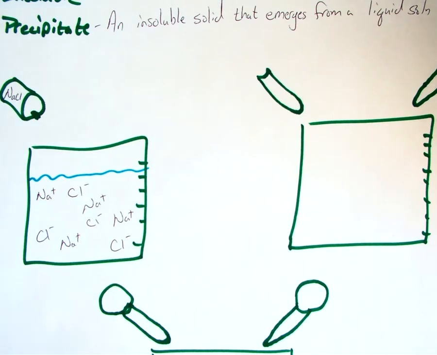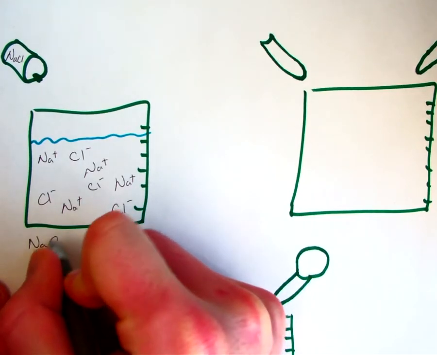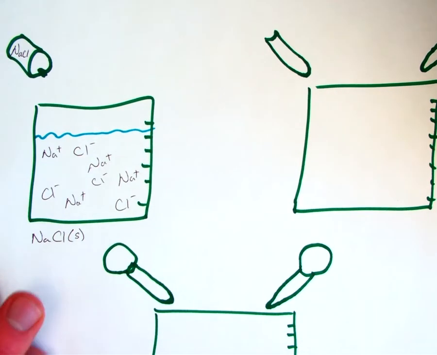Okay, now in order to represent this mixture, we oftentimes sketch a net ionic equation or an ionic equation. In this case, the ionic equation would represent the addition of sodium chloride, which is a solid. The letter S indicates that we are adding the solid state of sodium chloride to the water.